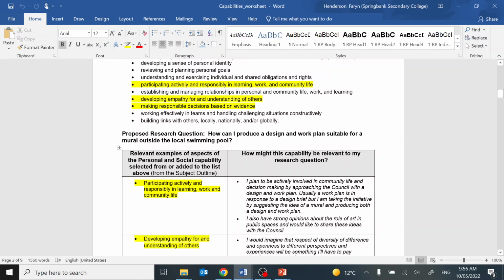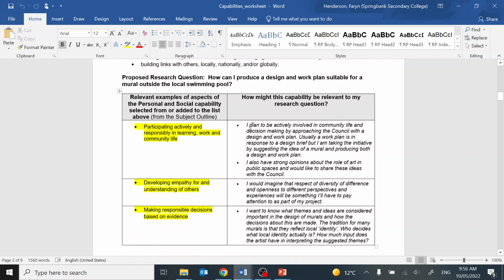And if you look here, they've copied and pasted those here. And then here, in dot point form, and not in any lengthy way, they've talked about how they are going to develop it. So I plan to be actively involved in the community and decision making, approaching the council with a design and work plan.